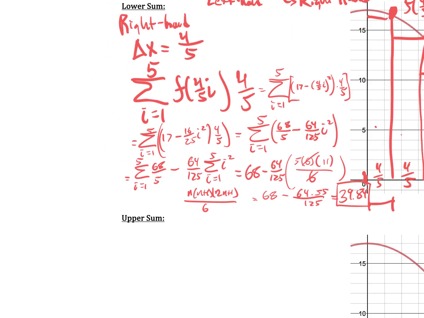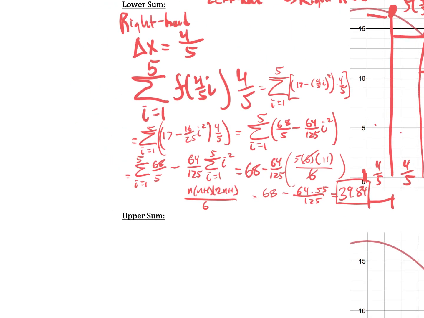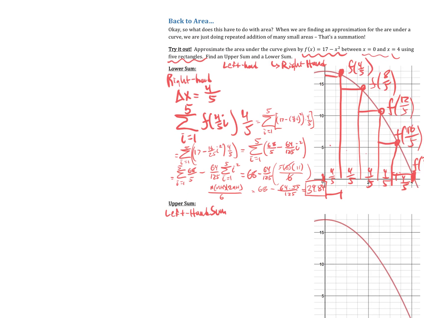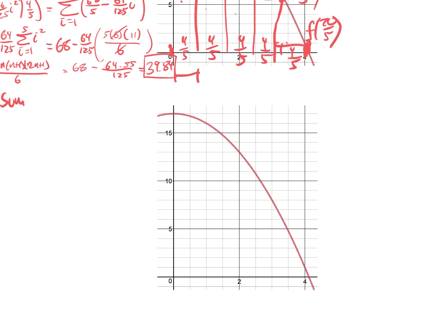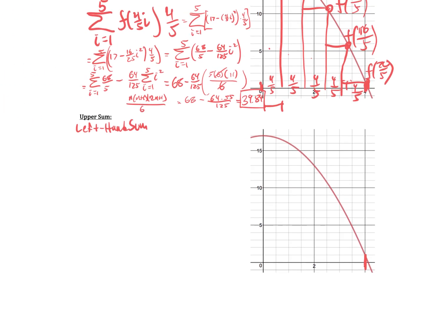What about the upper sum, or what we'll call the left? It is an upper sum, but more specifically, it's a left-hand sum. Well, left-hand sum, again, we're going to do 5 rectangles. So we're going to take 4, and we're going to split it into 4/5, 4 divided by 5.